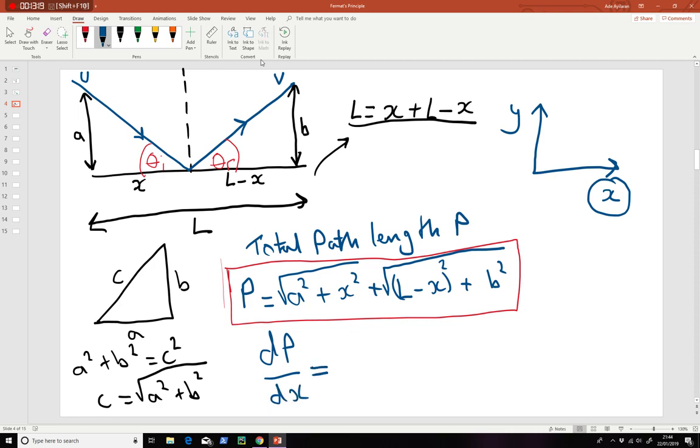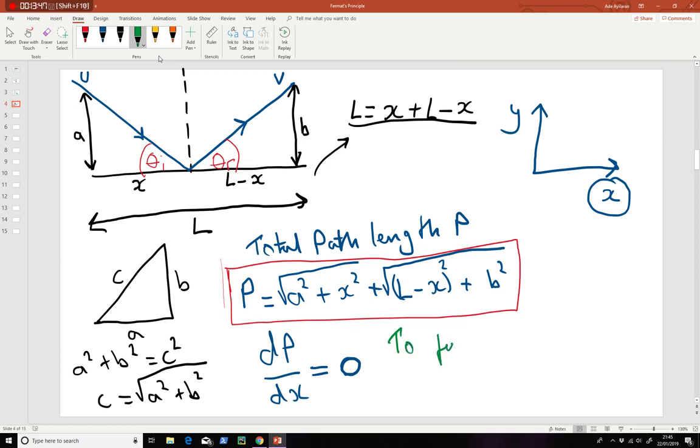We want to find the rate of change of the path of light, and because Fermat's principle of least time says that light will travel the shortest distance in the least amount of time, we want this rate of change to equal 0. We want it to equal 0 because whenever you set a rate of change equal to 0, you are finding what is called a minimum or maximum point.